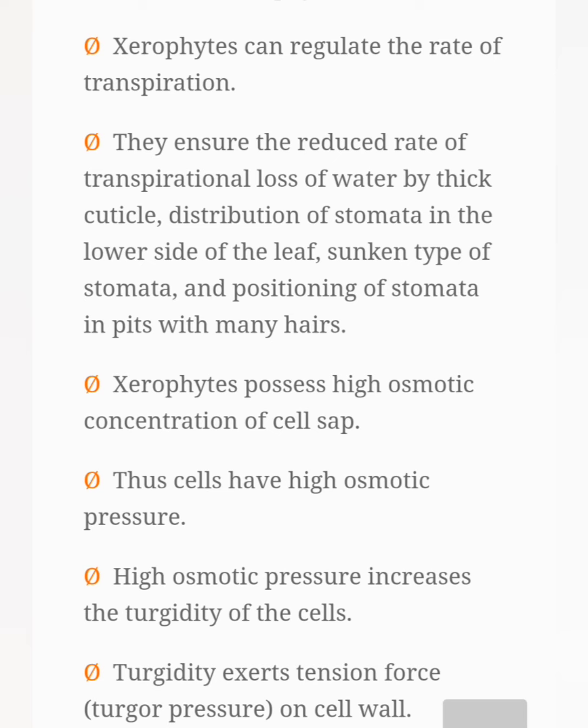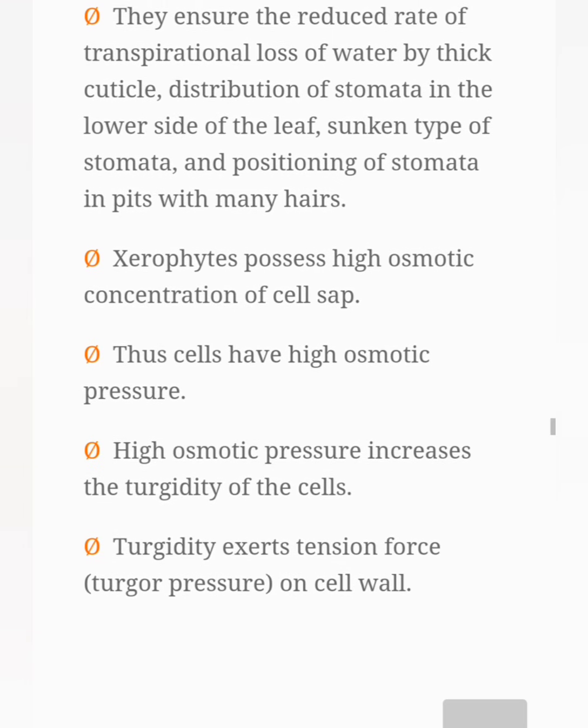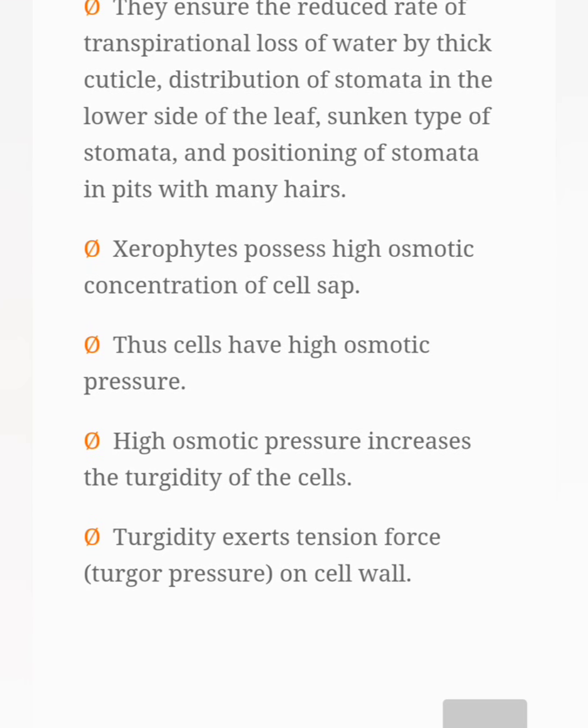the cell. Thus cells have high osmotic pressure, and this osmotic pressure increases the turgidity of the cell. That is, the cell becomes swollen, and the cell membrane pushes against the cell wall, so the cell can accumulate a high amount of water. This turgidity also exerts a tension force on the wall.